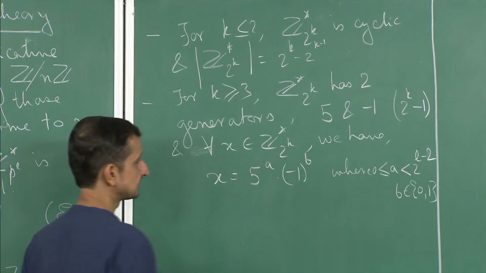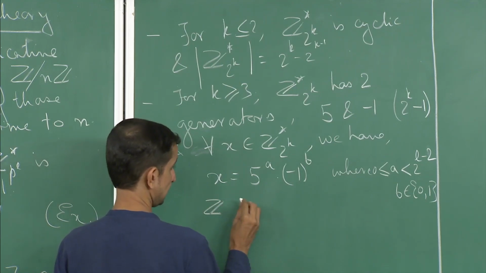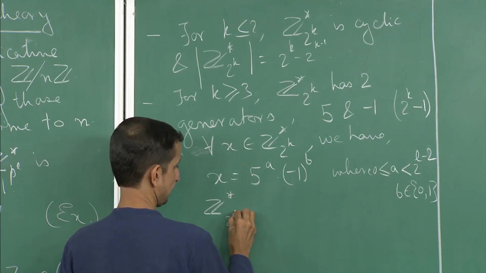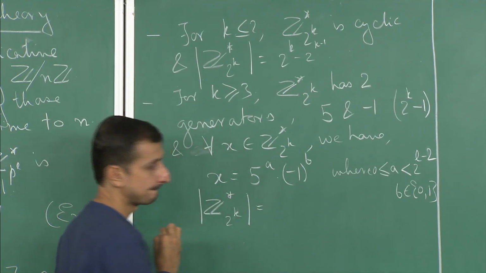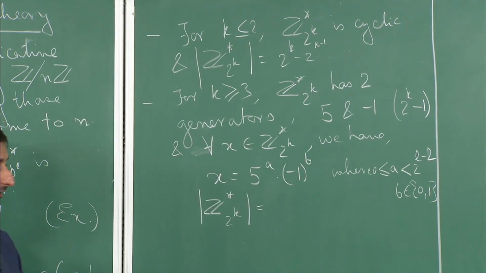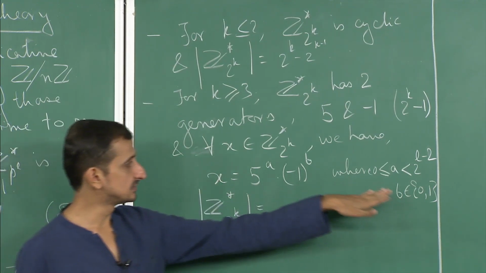So now you can see what the size of this group is. Can you tell me what the size is? All these elements will be distinct.